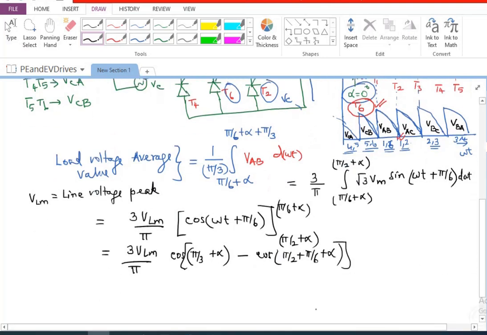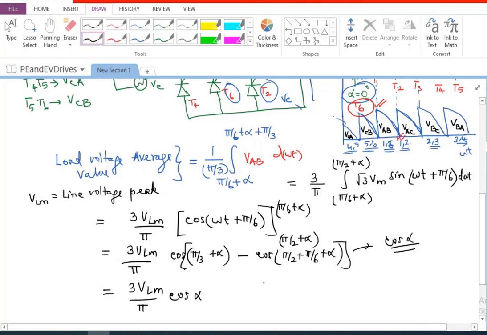When I simplify this, I should be able to get cos alpha. Please verify this. So 3 VLM divided by pi times cos alpha is going to be the average voltage expression for the three-phase fully controlled converter.